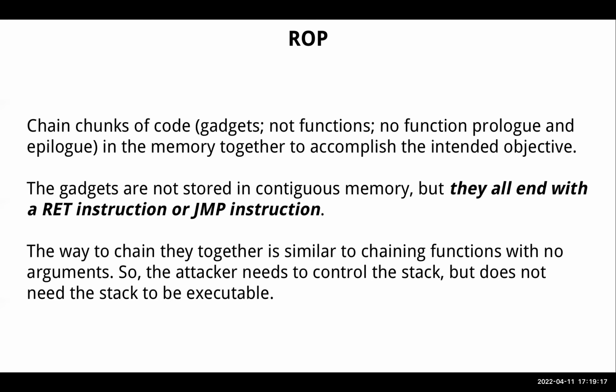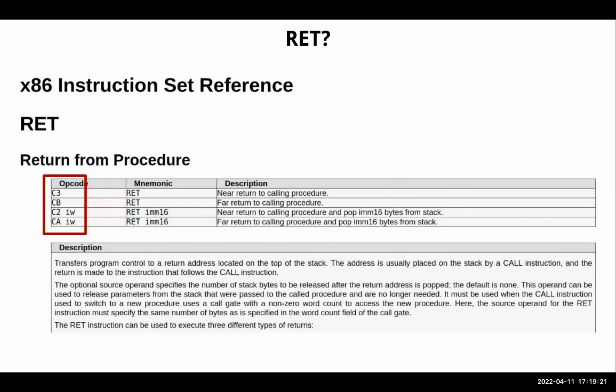There can be many gadgets, and the reason for that is the return instruction at the binary level has 4 possible values. It can be C3, CB, C2 with an immediate number, 16 bytes, or CA.